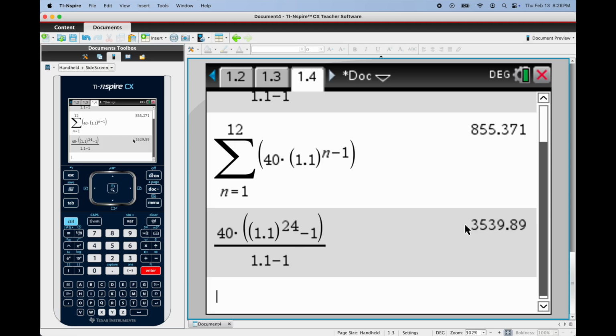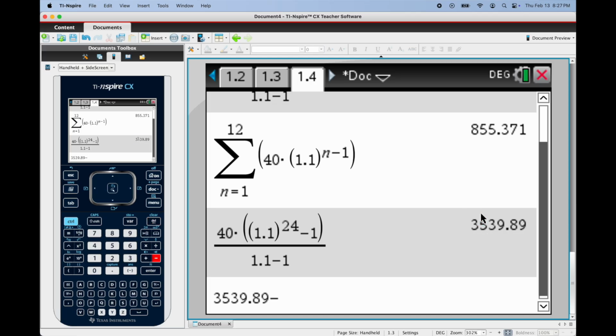Good. So, in the first 2 years, we sold 3,539.81 cars. If that's how many cars we sold in the first 2 years, don't need that many digits.